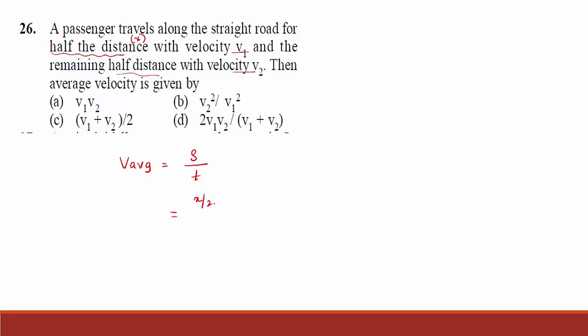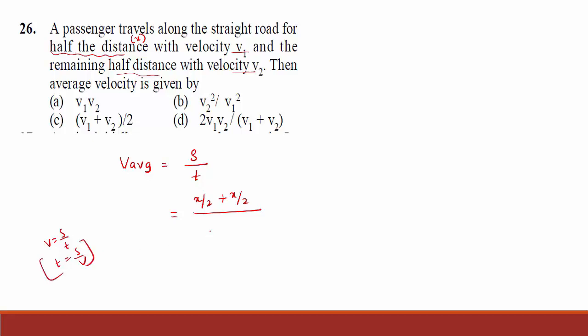For the next velocity v2, again it travels half distance. So average means again plus x by 2, whole divided by time, which is not given. So we can use v equal to s by t, or t equal to s divided by v.